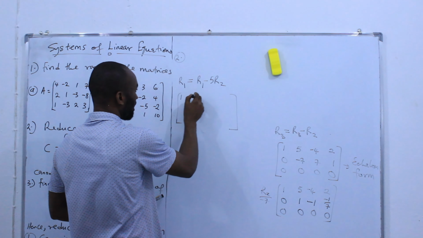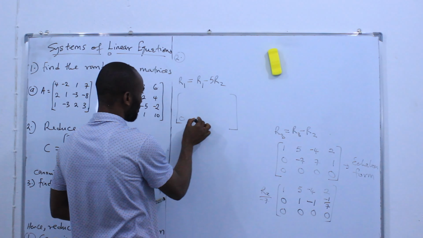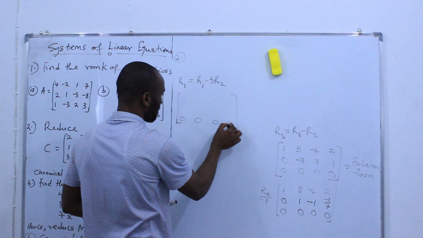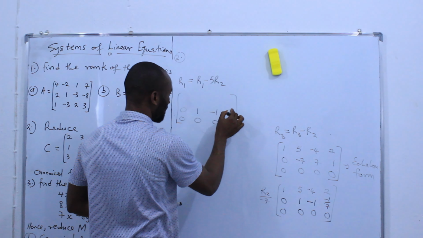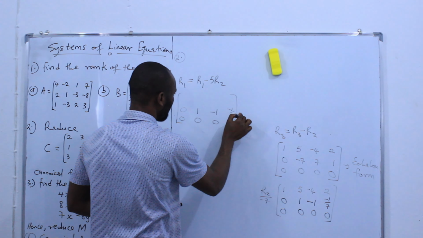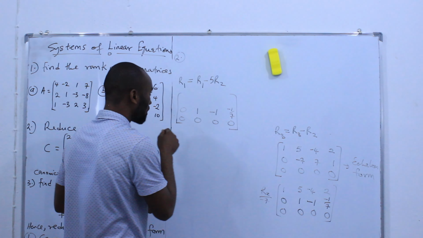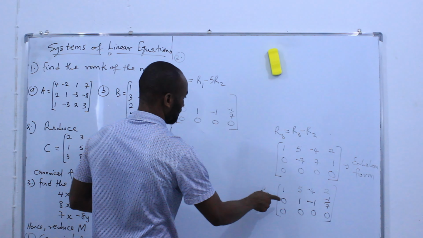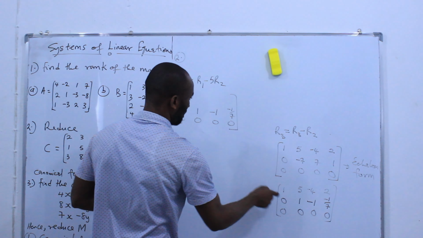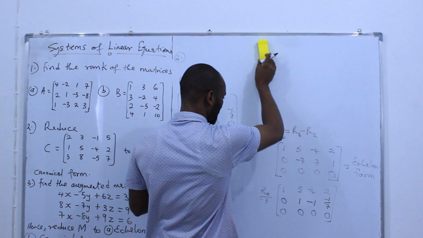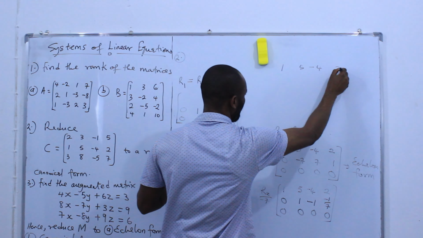First of all, we have 0, 0, 0, 0 and 0, 1, minus 1 over 7 for the other rows. It is R1 that we want to change. R1 is 1, 5, minus 4, 2.